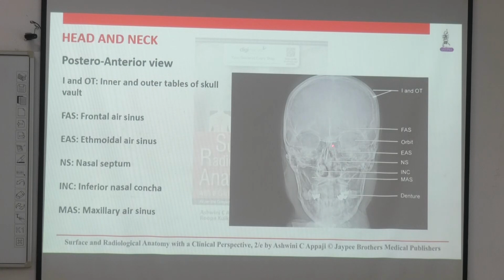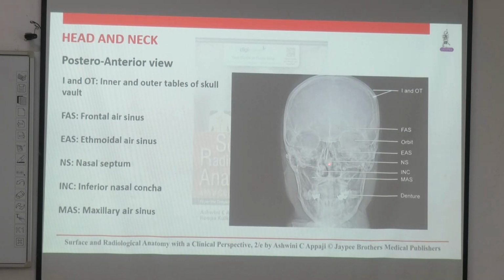Similar to that, we have the nose, and deep to the nose we have an air sinus. We call it the ethmoidal air sinus, which is not very obviously visible, but it is present in this region. By the side of the nose, we have the cheekbone. We call it the maxilla. In this maxilla as well, we see air sinuses. We call them the maxillary air sinus.